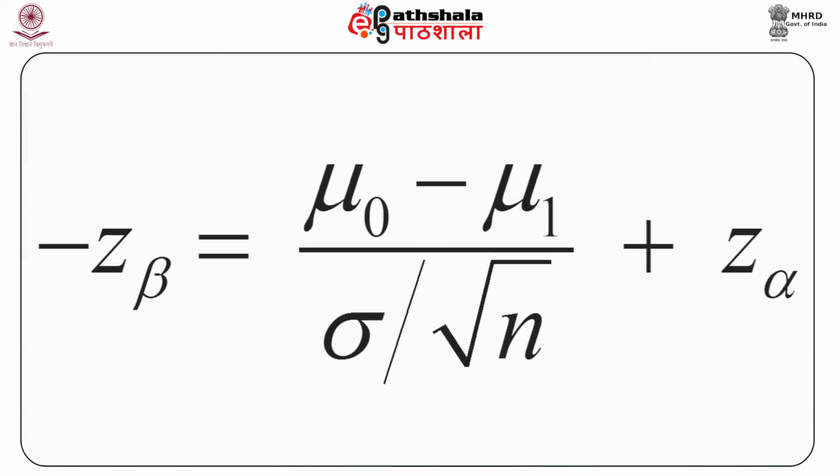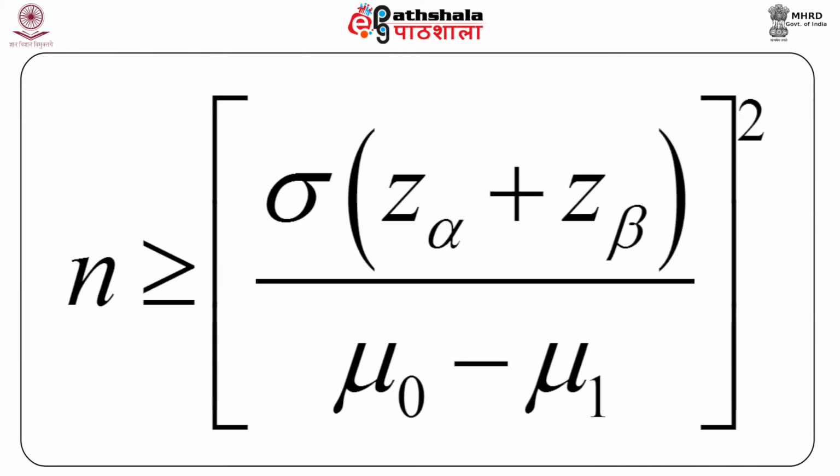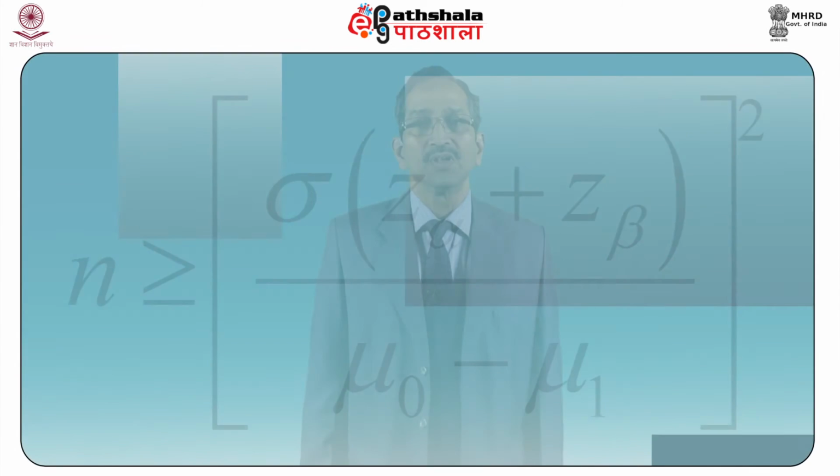So let us use z beta to denote the z critical value that demarcates the lower tail area beta. Then minus z beta is equal to (mu 0 minus mu 1) upon sigma by root n plus z alpha. Rearranging the terms, we obtain n is greater than or equal to [sigma into (z alpha plus z beta) upon (mu 0 minus mu 1)] whole raised to the power 2.